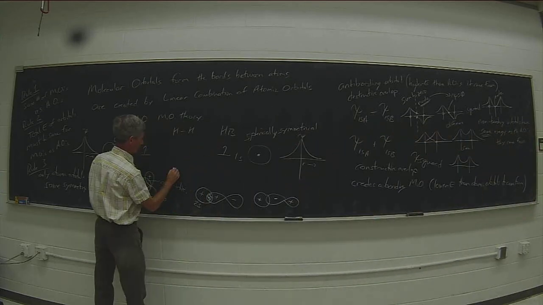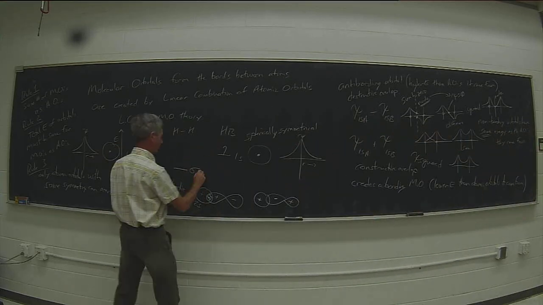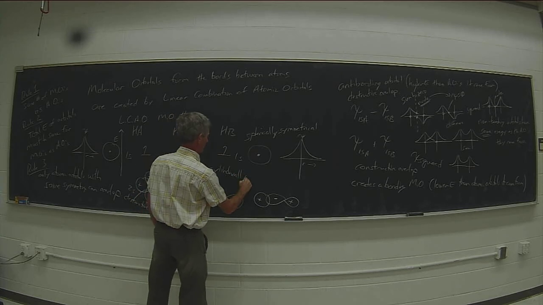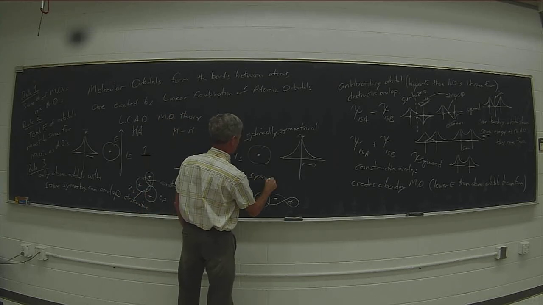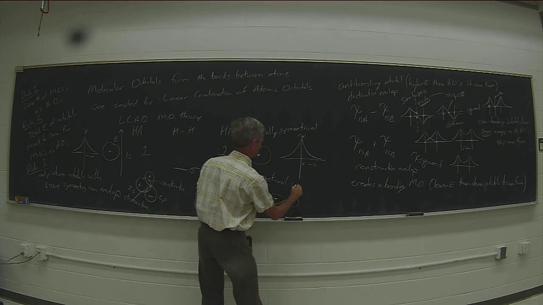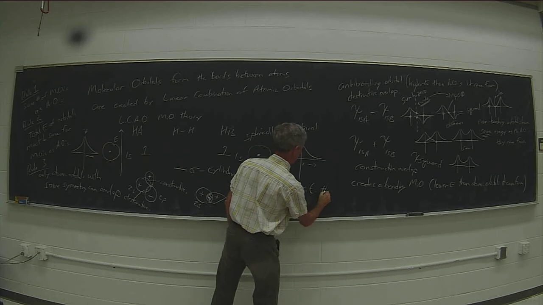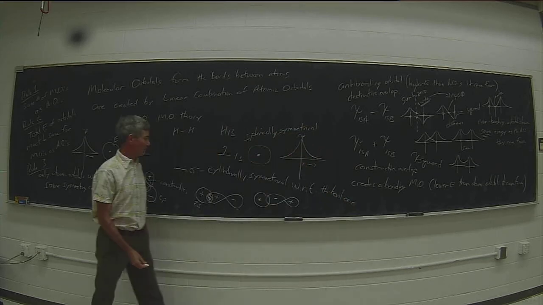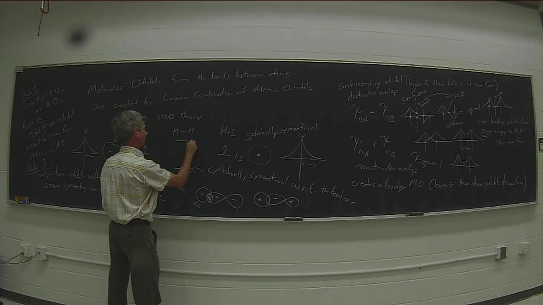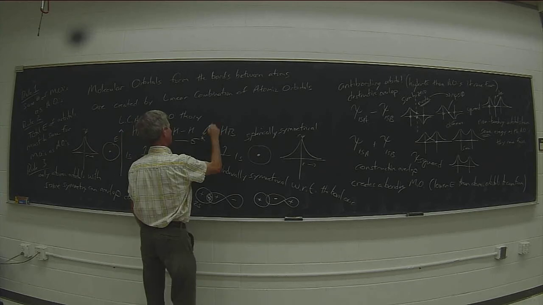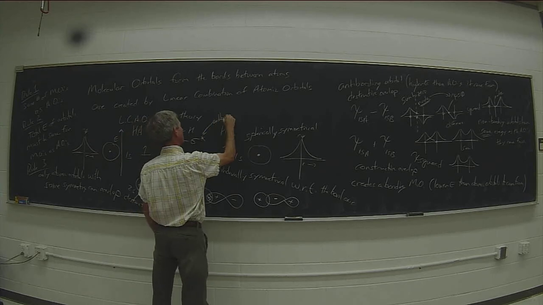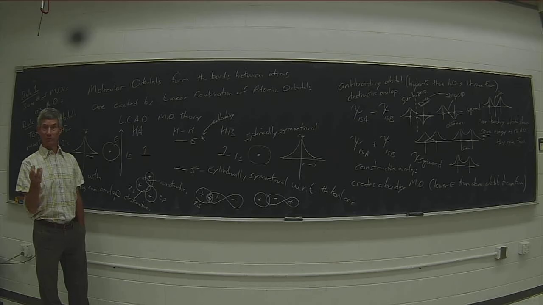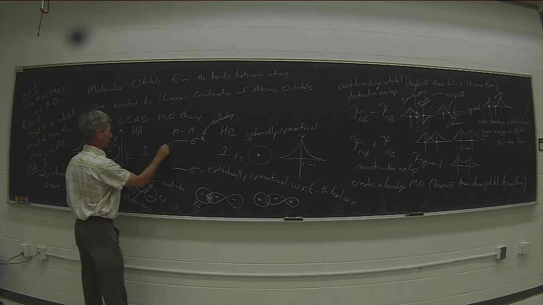The one where we have the constructive overlap is a sigma orbital. And you know it's a sigma orbital because the destructive overlap is a sigma star, where the star tells us it's anti-bonding, and the sigma tells us that it is cylindrically symmetrical with respect to the bond axis.